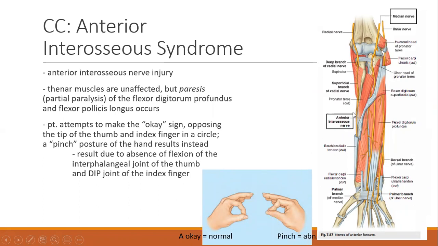That can tell you that the anterior interosseous nerve has been damaged. So anterior interosseous is a branch off of median. Remember, we need flexion at that DIP in order to work. So if you don't have that flexion, that tells you there's some sort of damage happening to that nerve, and if they want to be specific, it's the anterior interosseous nerve. This was one of the things that was pulled out of one of the blue boxes.